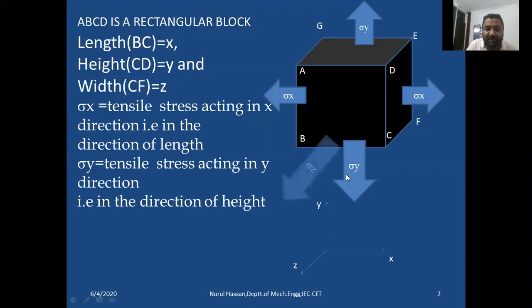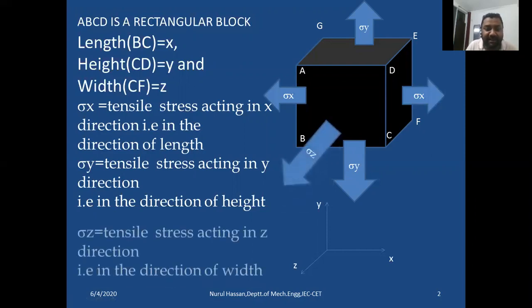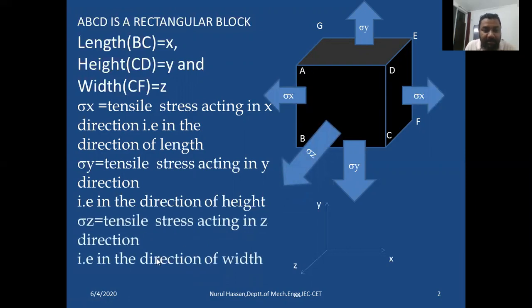And the third one is sigma Z acting along Z direction, that is in the direction of width CF. So these are the three stresses acting in three mutually perpendicular axes X, Y, and Z.